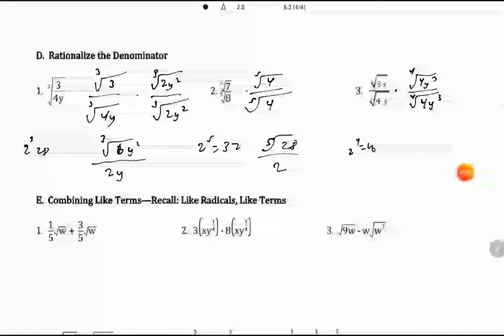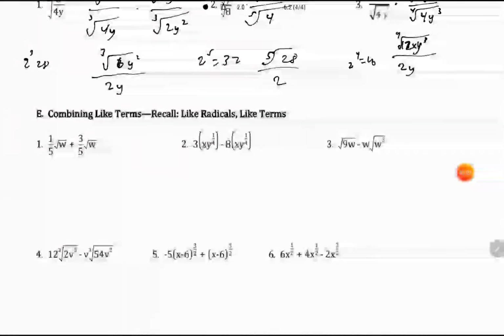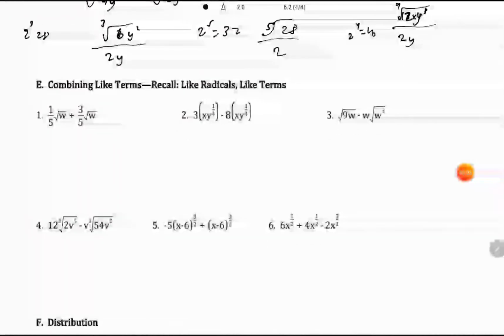So 4y cubed. So this becomes the fourth root of 12x y cubed up top. And then on the bottom, we're going to get 2y.